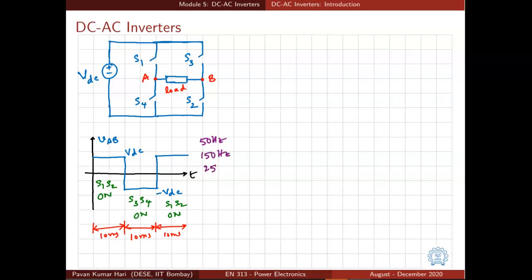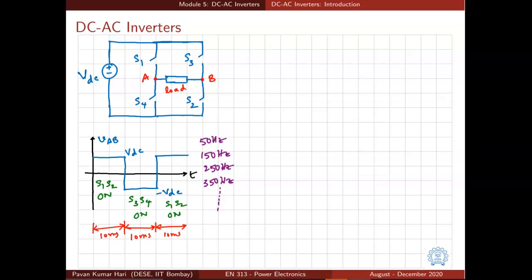It will have a fifth harmonic, 250 Hz, a seventh harmonic, 350 Hz, and so on. It has all odd harmonics. But are these harmonics useful? As per our earlier discussions, harmonics do not contribute to net energy transfer. That is why we don't want harmonics to be present in the waveforms.